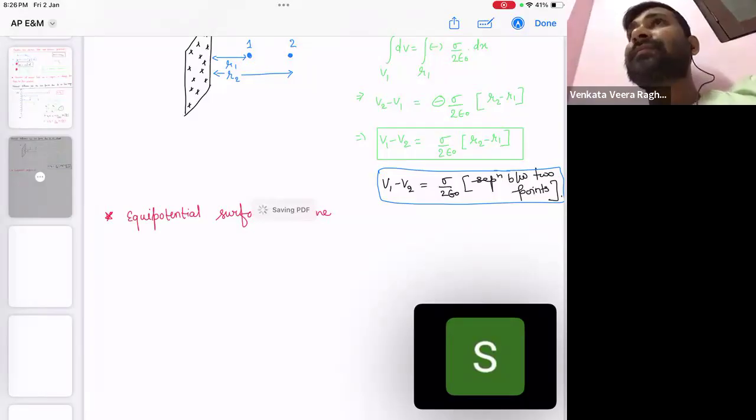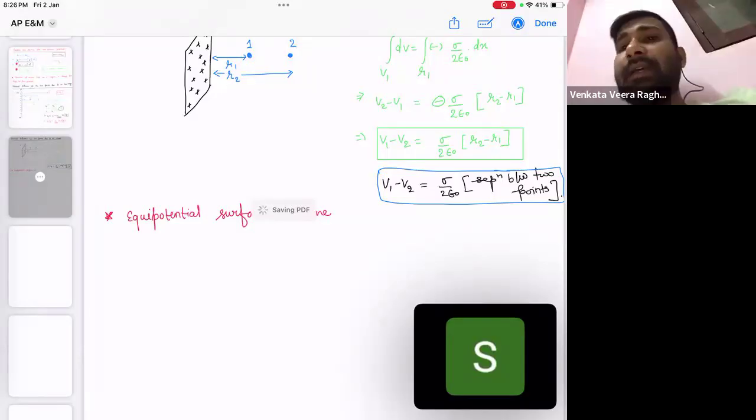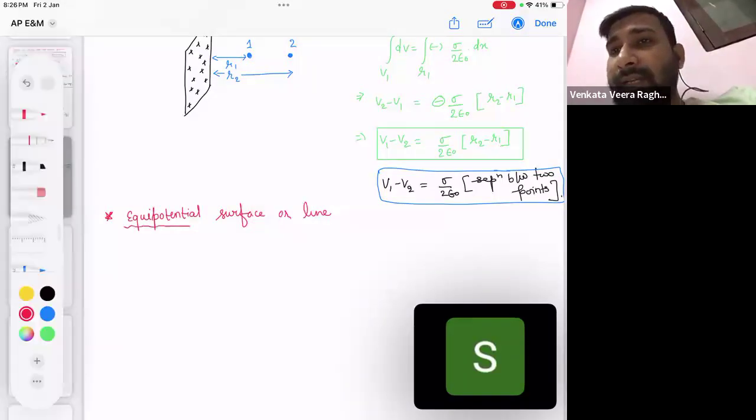What does it mean? On that line, every point will have the same potential. Yes, it is a surface or a line where every point is going to have the same potential.